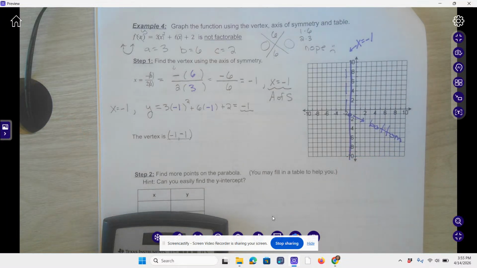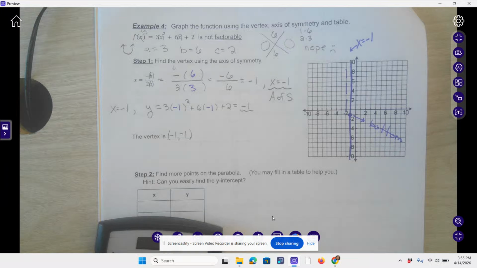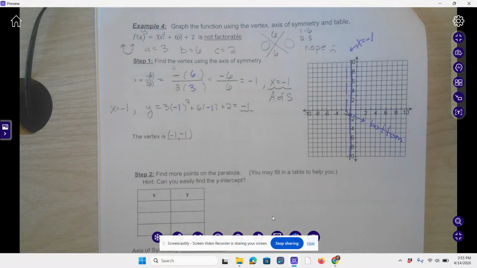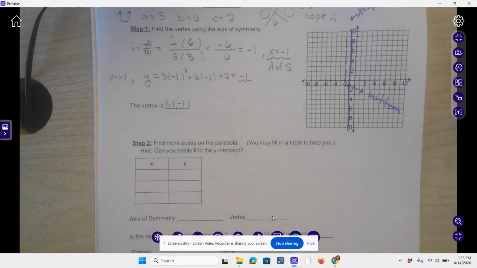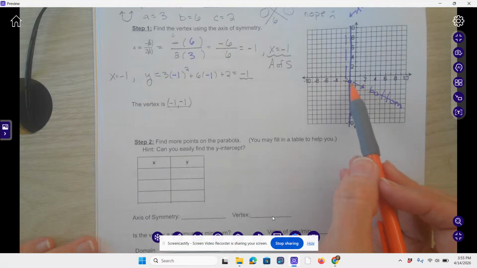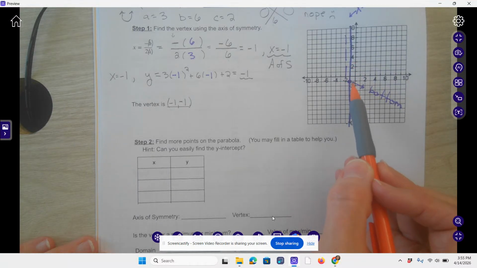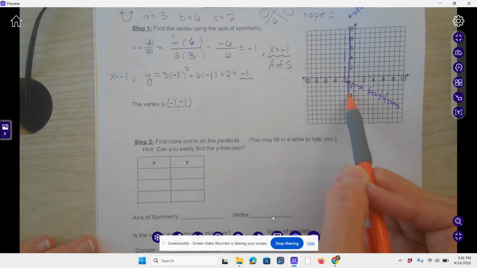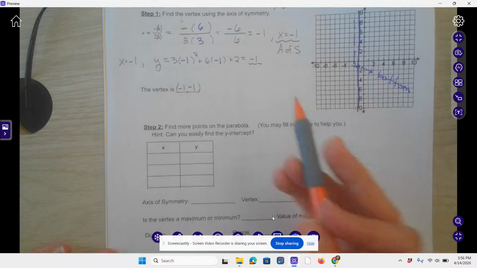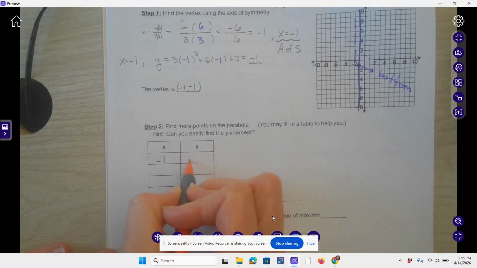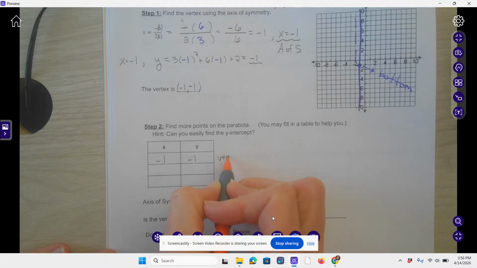That will help us when we get down to the bottom of the page here and we have to talk about our range. Now what we want to do is, we can't factor to find more points, so we want to pick some points that are right next to our middle of our parabola. So this x value is at -1. So I'm just going to have you write your vertex in there.